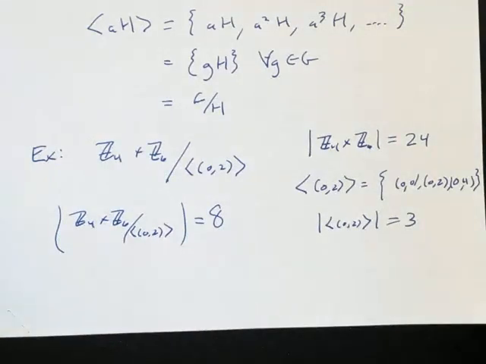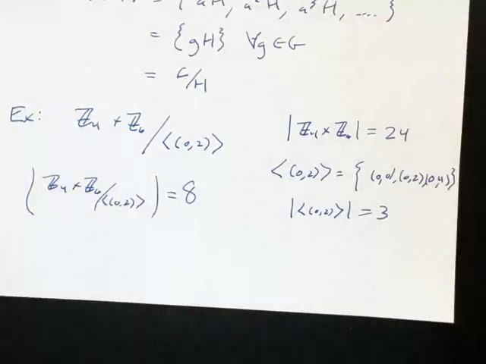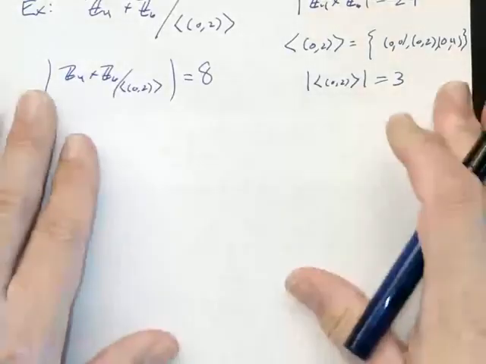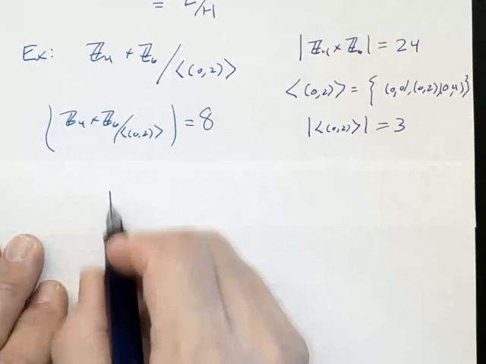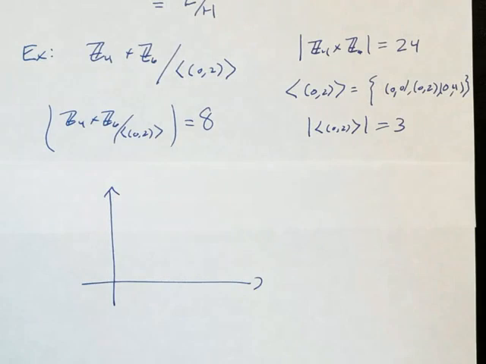But Z8 can be written in different ways. We were just talking about that. It could be Z8, it could be Z2 times Z4, it could be Z2 times Z2 times Z2. I don't know which it is. So my gut reaction is to say, I don't know what this looks like. I'm going to draw a picture. I need 24 dots. To do Z4 by Z6, how do I draw those dots?